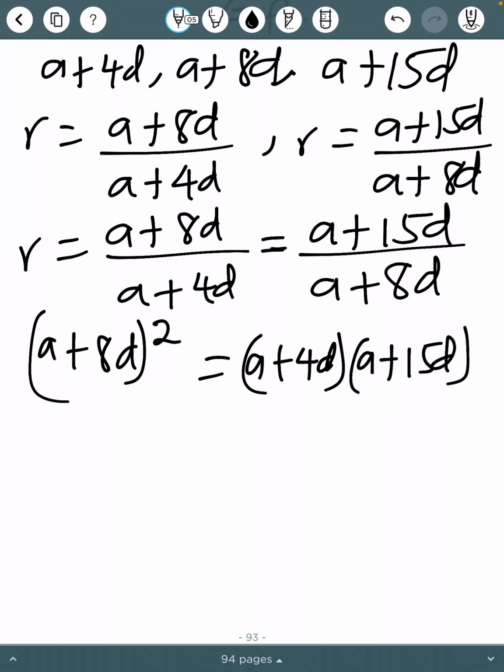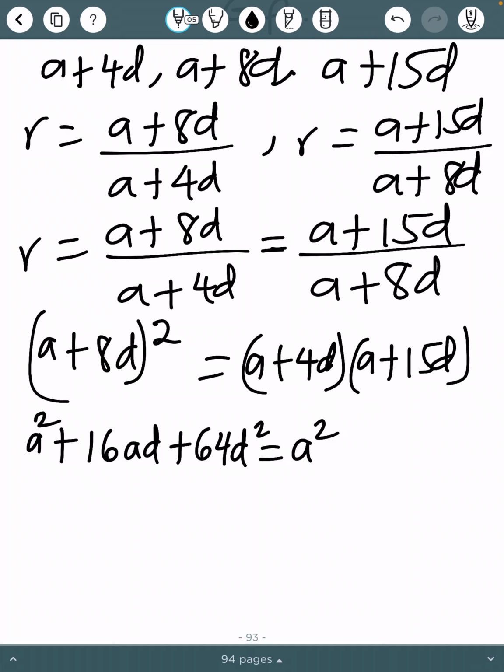Now on expansion, this will give me a squared plus 16ad plus 64d squared on the left.